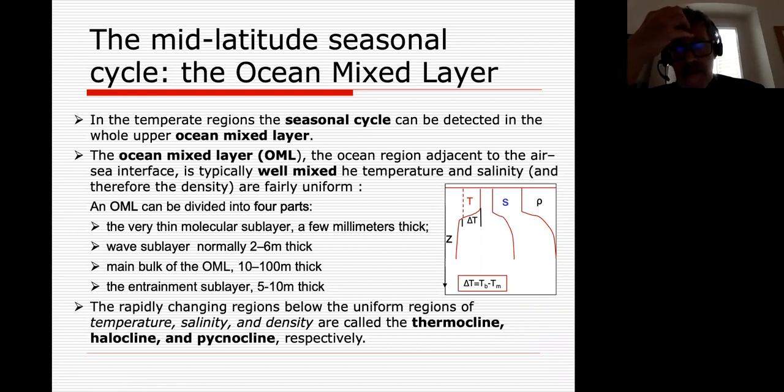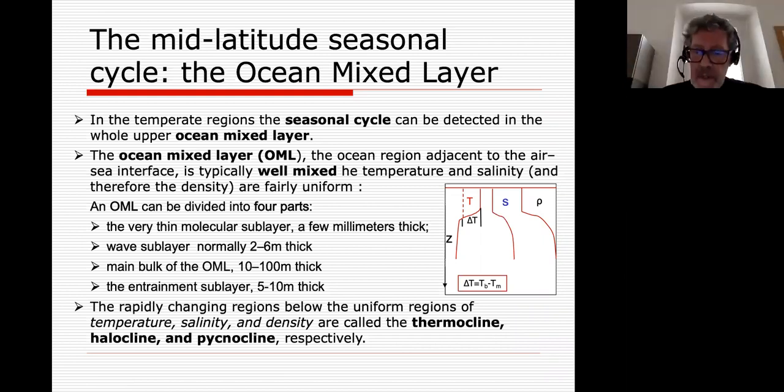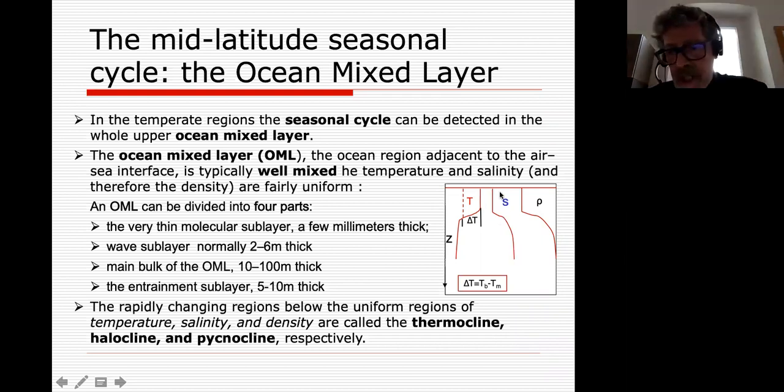And as you see, the shape of temperature and salinity in general has this kind of structure and behavior.